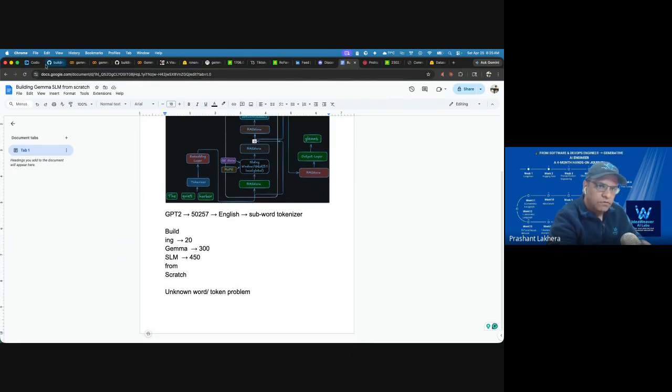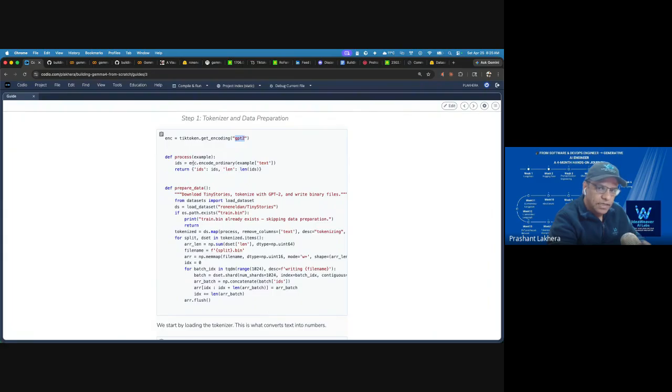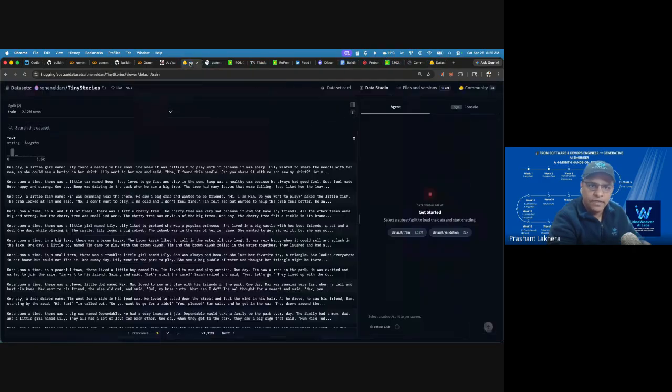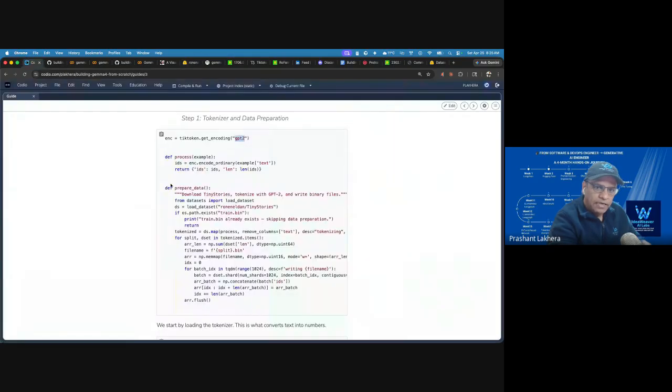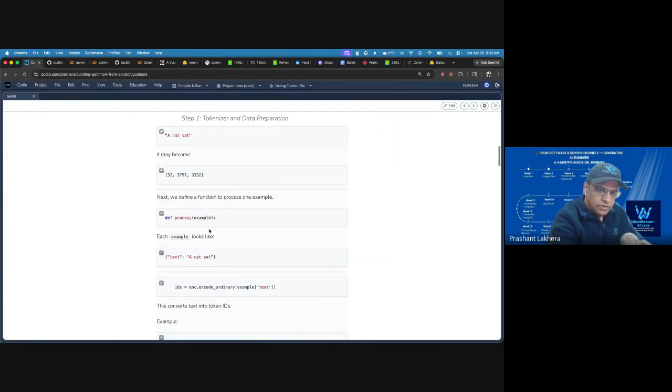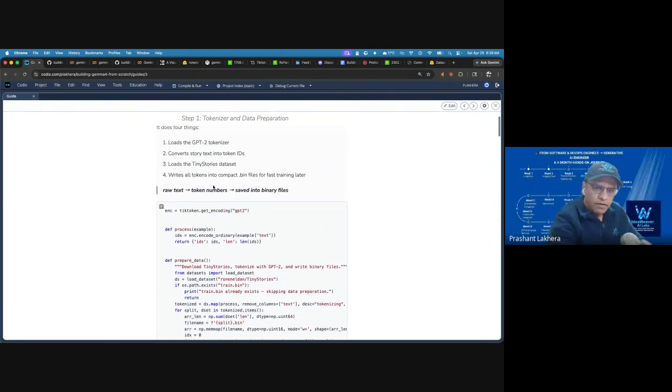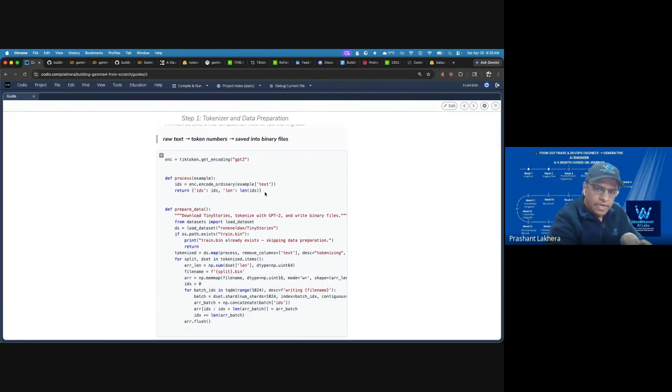Okay. So we started with this tokenizer, and the idea is that we take the text, meaning all these 2.1 million stories that we have seen, and convert it into IDs. For example, if this is a sentence, we break it into these IDs, and on top of it we calculate its length also.